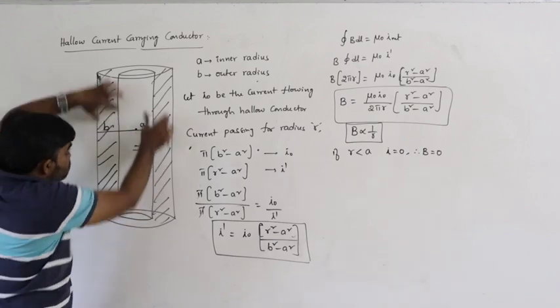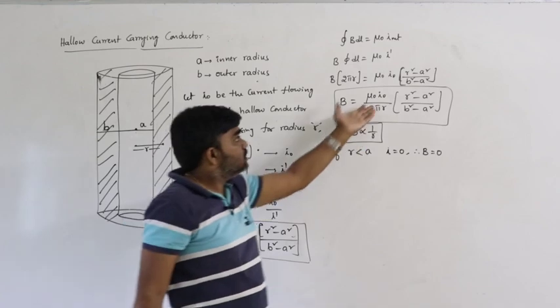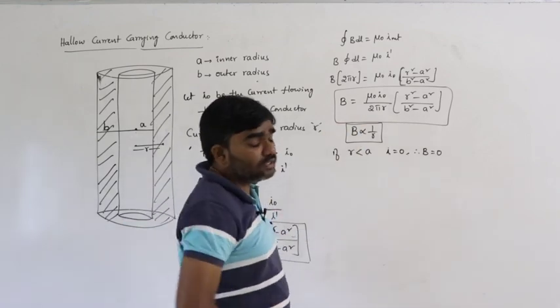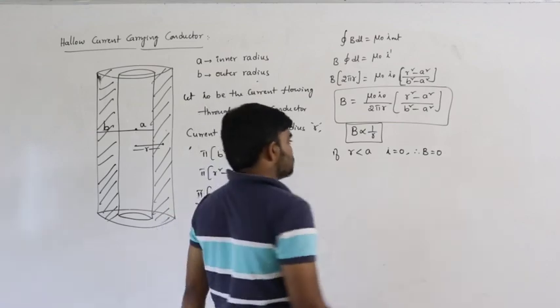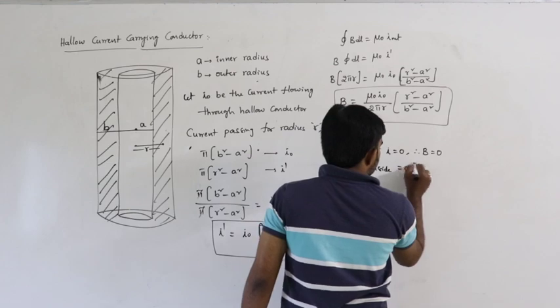Current passes through this portion only. If there is no current, the magnetic field is also 0. So inside the hollow cylinder, B must be equal to 0.